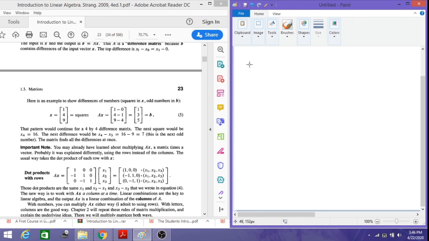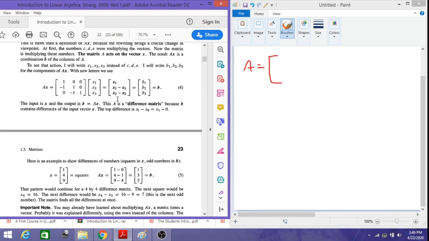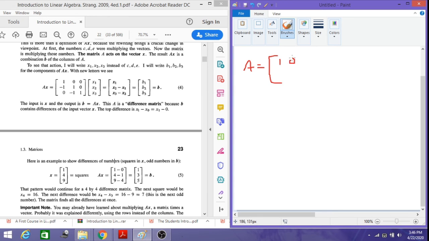Let us take the same difference matrix here, that is 1 0 0, minus 1 1 0, 0 minus 1 1. Now I'll take my x values as 1, 4 and 9, that is the square numbers, where 1, 4, 9 are the squares of 1, 2, 3.